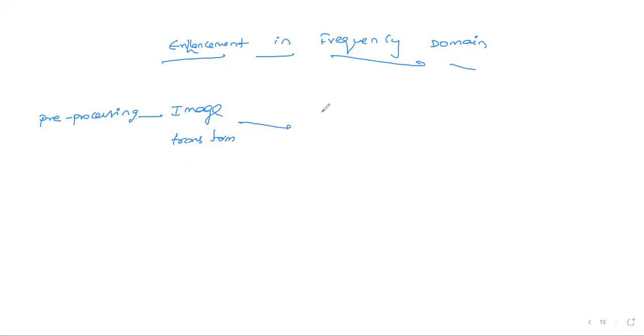For this frequency domain, we perform the filtering operation H of u comma v. Filters may be low pass, high pass or band pass. After applying, we perform the inverse image transform.